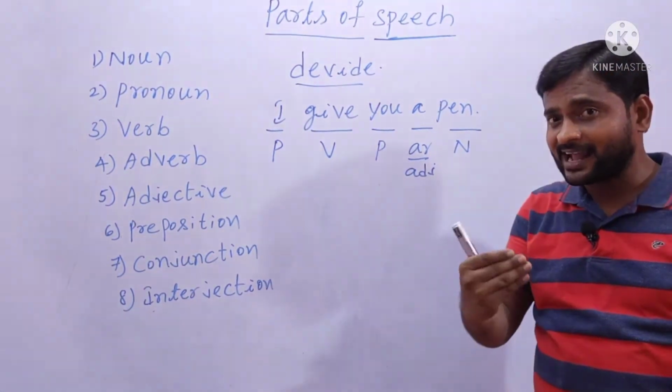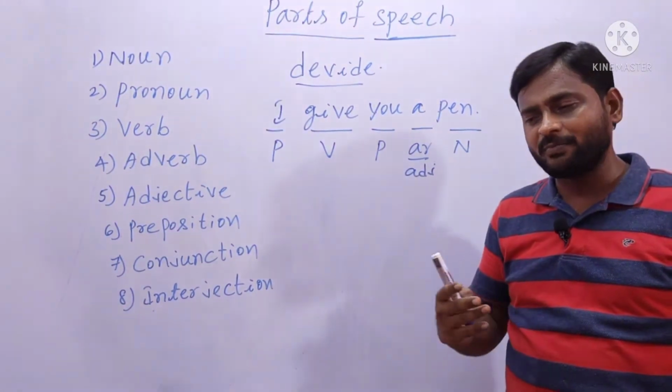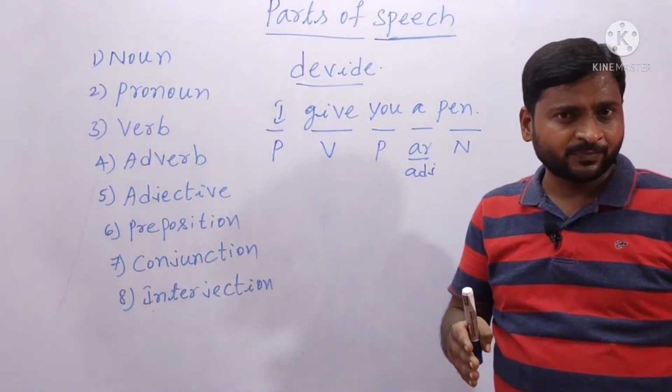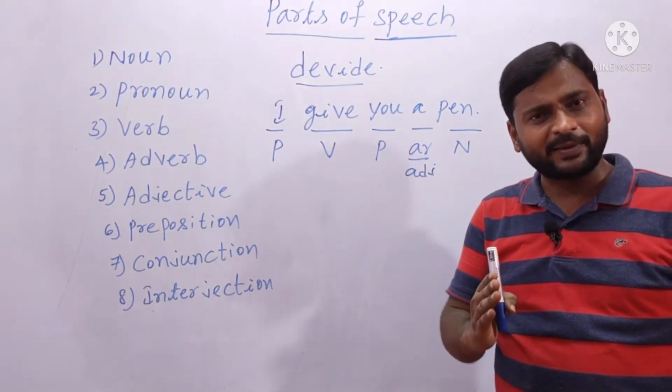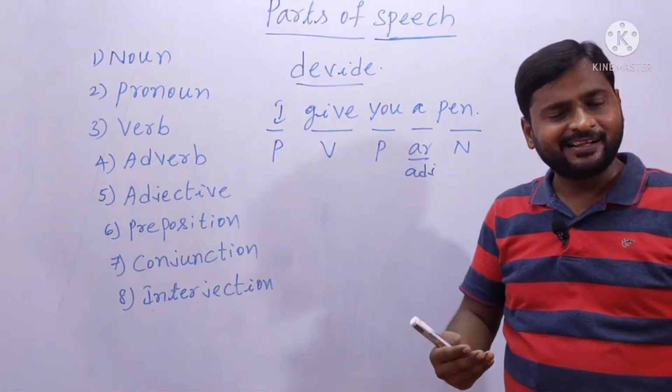That's why I recommend that in the English language we have many elements, especially in grammar. But I suggest that initially you pay maximum attention to learning the importance of parts of speech in the sentence.